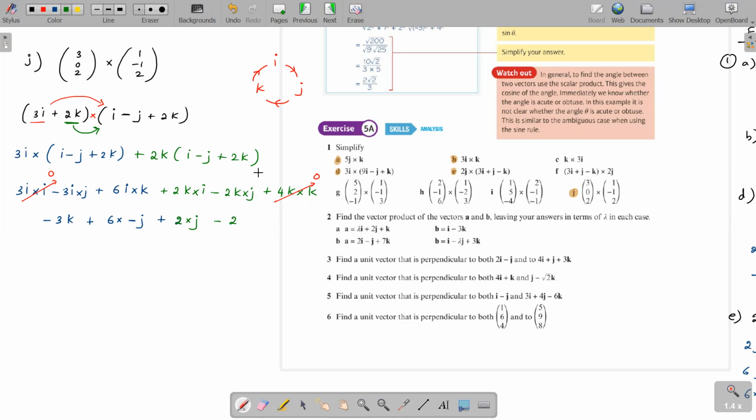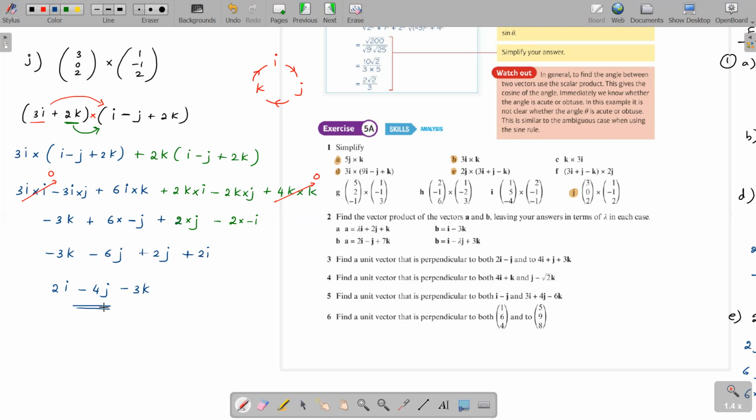Minus 2 times k cross j is again going against the arrow, so that's minus i. Basically, you get minus 3k minus 6j plus 2j minus minus is plus 2i. Basically, I end up getting 2i minus 4j minus 3k. Is it correct? 2i minus 4j minus 3k.